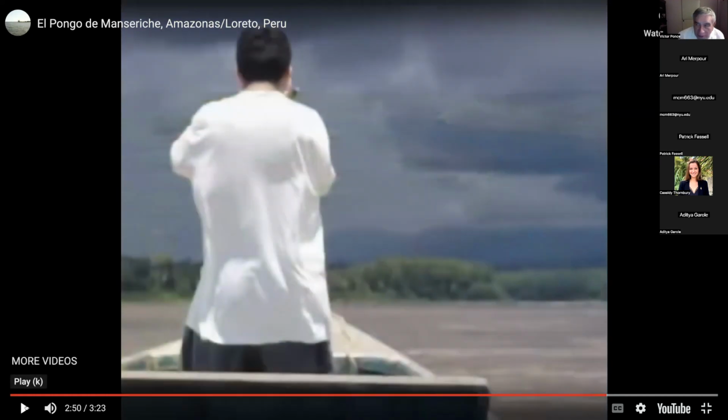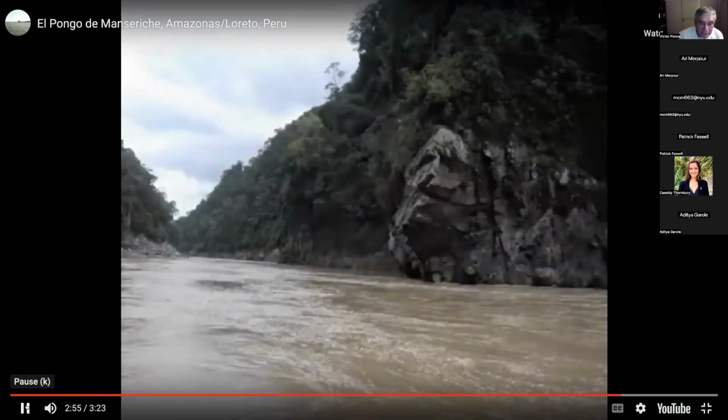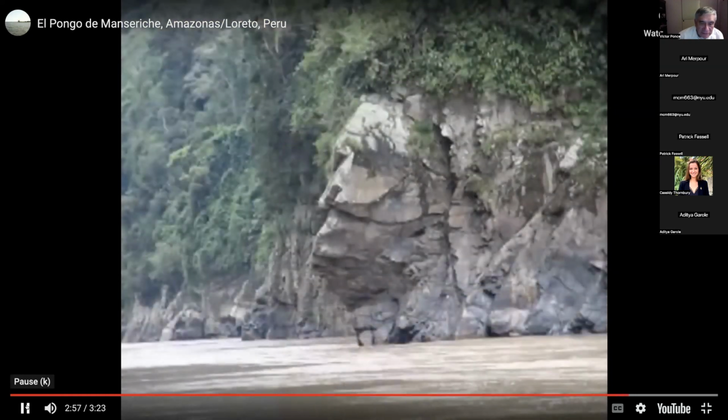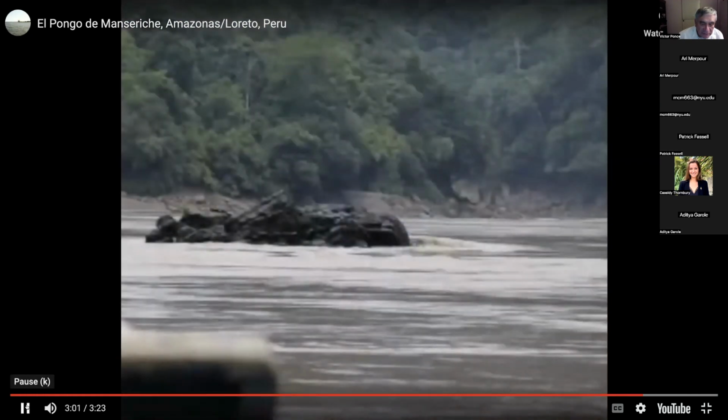The latter part is my captioning, or rather taken from Google Earth, by the way. I flew Google Earth and I did that latter part. Look at that huge rock in the middle of the river.